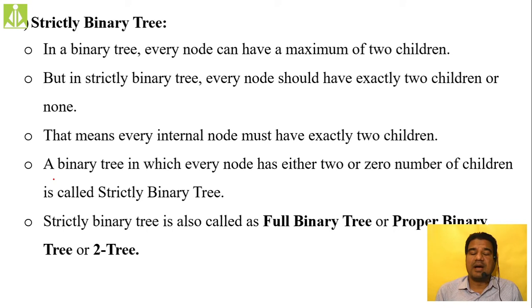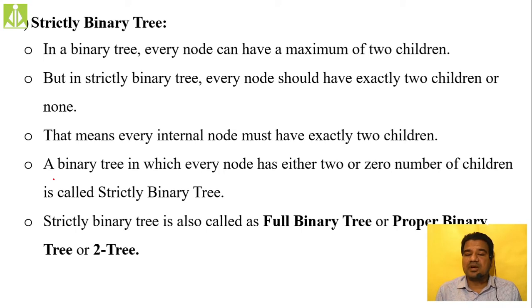We said a binary tree is a tree where every node can have a maximum of 2 children: 0, 1 or 2, not more than 2.